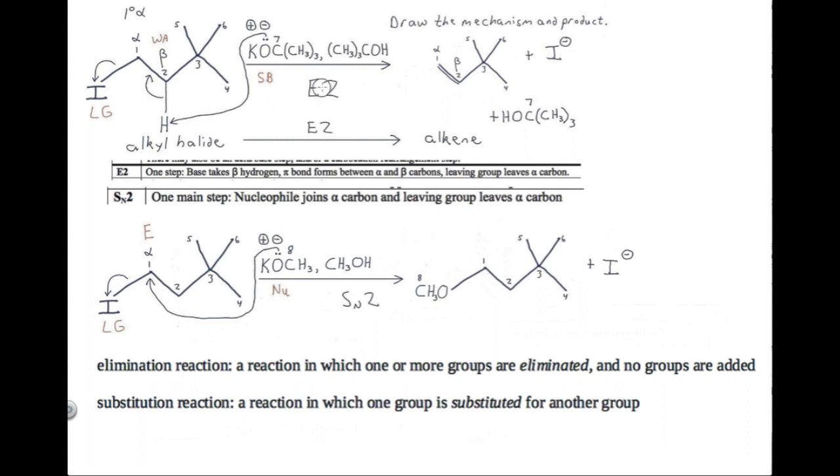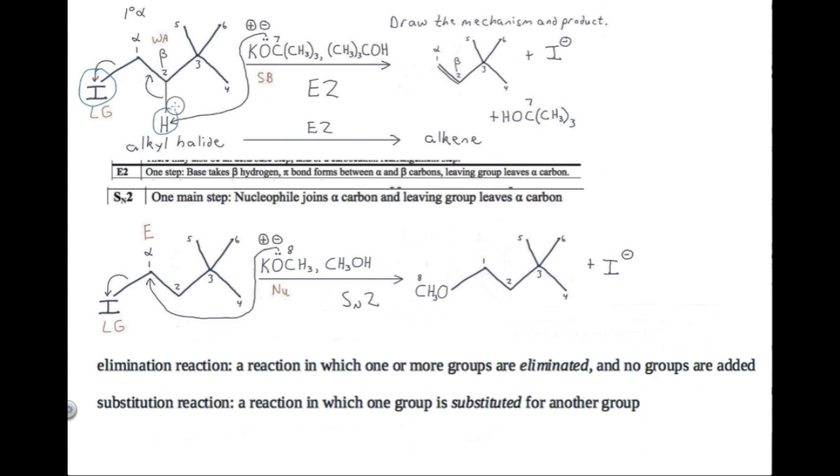For example, E2 is an elimination mechanism. In an E2 mechanism, two groups are eliminated and no groups are added. Can you identify the two groups that were eliminated in this E2 mechanism? Here's the answer. In this E2 mechanism, we eliminated the beta hydrogen and the leaving group.